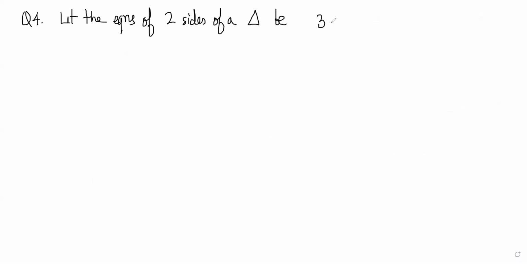Question number 4. It says, let the equations of two sides of a triangle be 3x minus 2y plus 6 equals 0 and 4x plus 5y minus 20 equals 0, right?